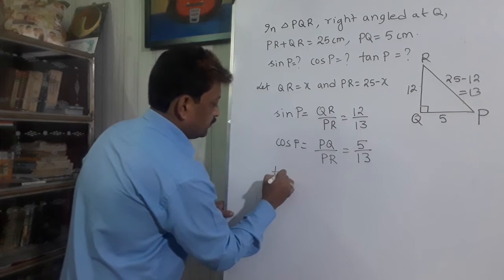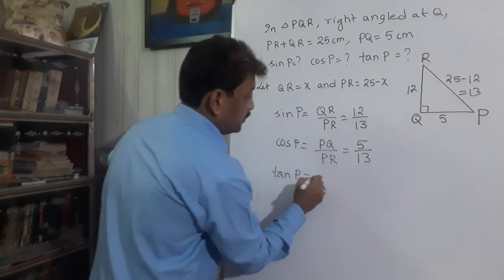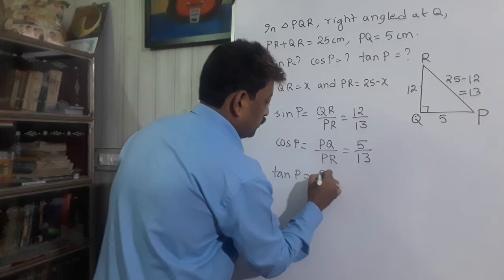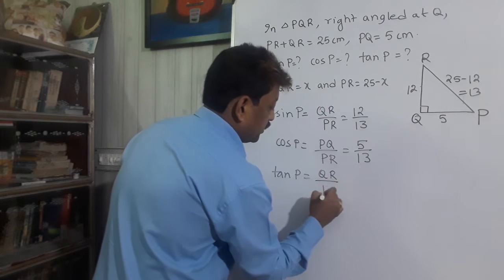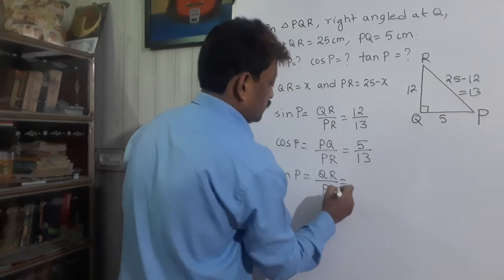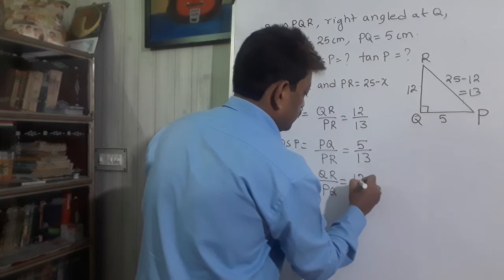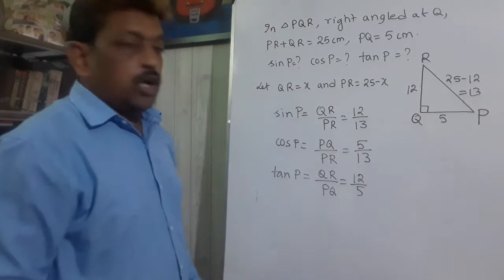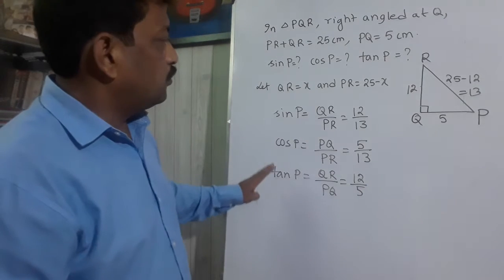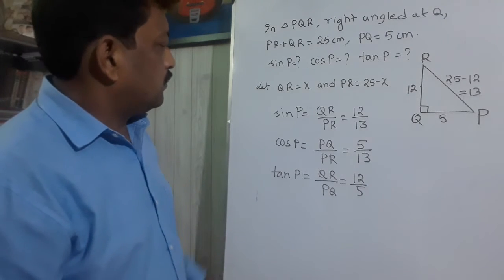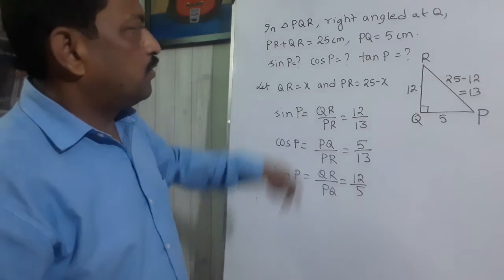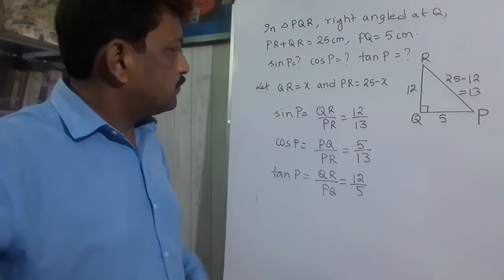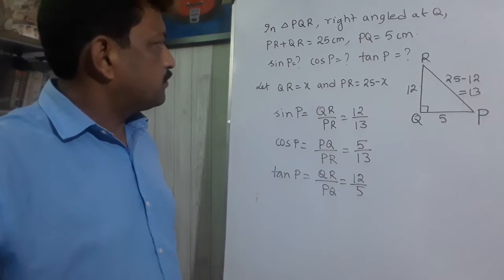And tan P. Tan P means perpendicular upon base. That is QR upon PQ. So it is 12 upon 5. I hope we have understood how to find the trigonometric ratios. Okay, just go through the whole solution, the steps.